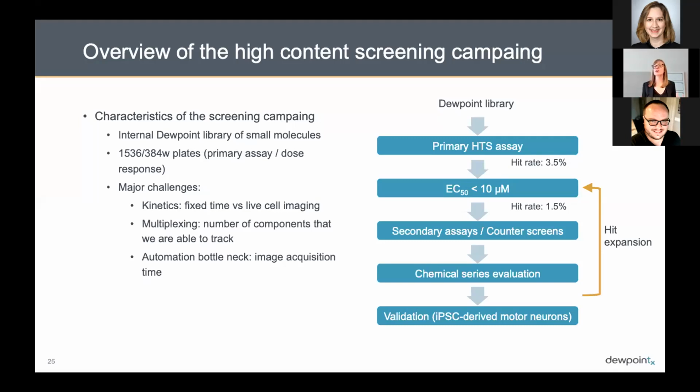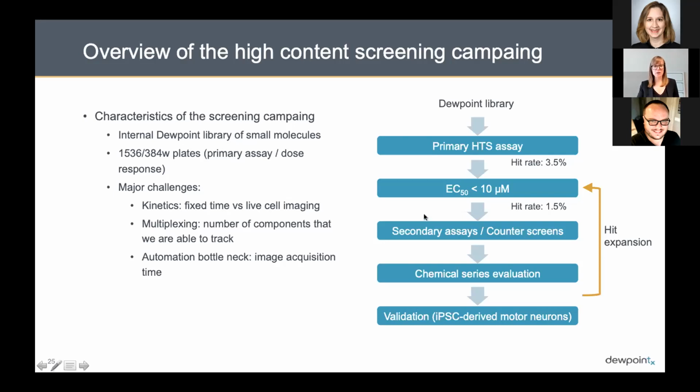Biomolecular condensates are a community of biomolecules, but we have a limited number of channels that we can image. This is why it is very important to select the right markers that we want to base our primary HTS assay on. And finally, as in all high-content screening campaigns, the automation bottleneck is the image acquisition time.